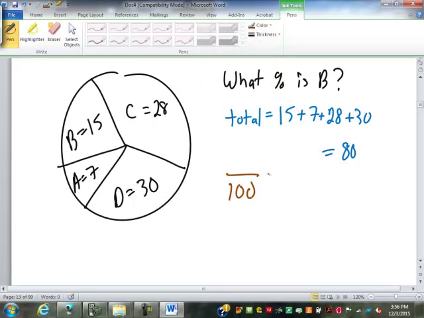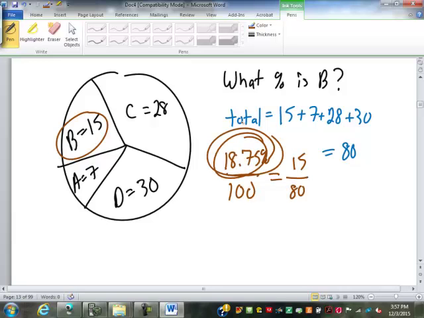Blank out of 100, because the percent is out of 100, is B is how many? 15 out of 80. If I cross multiply and divide, I get, what's that? 12, something's off there. Isn't it? So 18.75. Any questions?